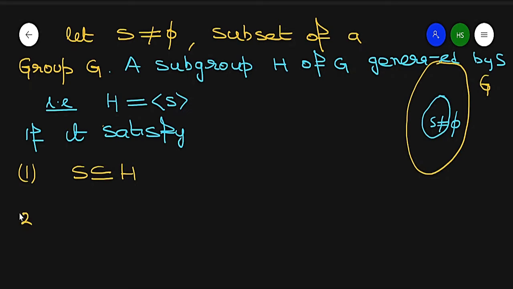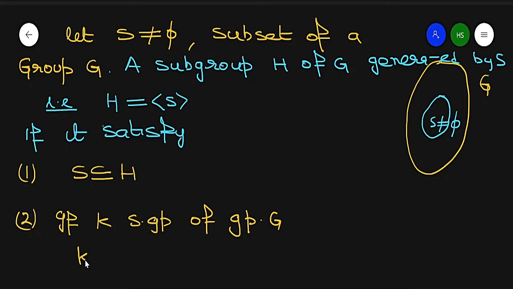Property number 2, if K is some subgroup of group G and K containing S, then it means K also containing H. Then what does it mean?